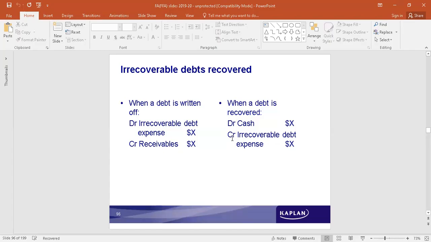Whatever was debited as bad debts is adjusted to that extent, and that loss is brought down. This is to nullify the loss account that was created in the previous period, canceling it off. So the irrecoverable debt expenses account is credited. That's the journal entry.